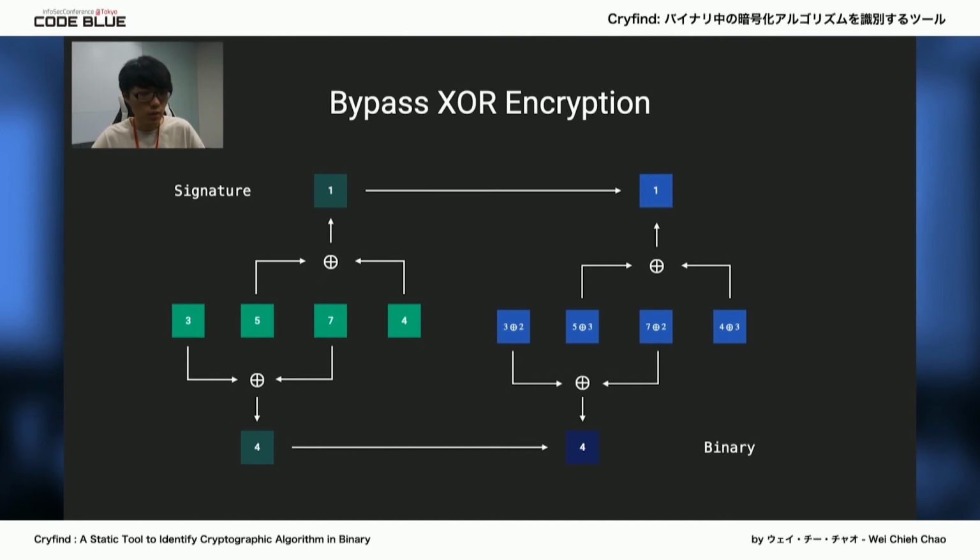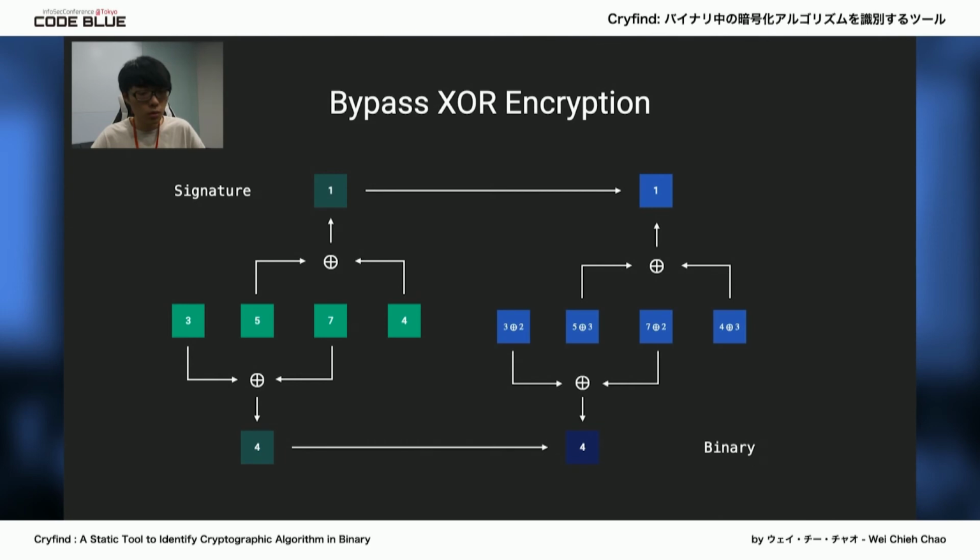We can do the same thing in the binary. We XOR 3 XOR 2 with 7 XOR 2. And the 2 is cancelling out, and we get 4. And also, we can XOR 5 XOR 3 with 4 XOR 3. And the 3 is cancelling out, and we get 1. Therefore, we can find the signature 3, 4, 5, 7, 4 in the binary, even if they have been XORed.